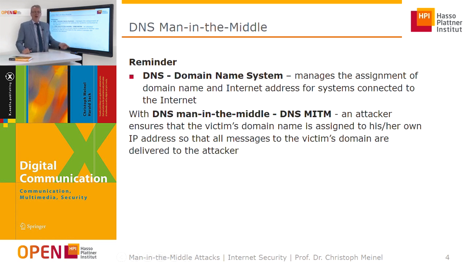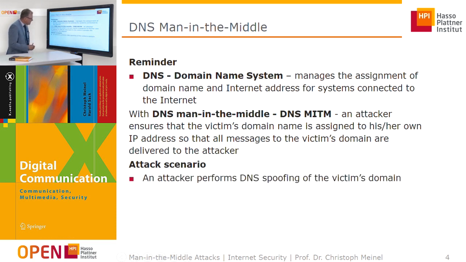So everyone who sends information, a mail or a message to the user with the domain name of the user, because of this wrong association, the mail or the message is forwarded to the attacker. So with a DNS man-in-the-middle attack, an attacker ensures that the victim's domain name is assigned to his or her own IP address, and in consequence all the messages to the victim's domain name are delivered to the attacker.